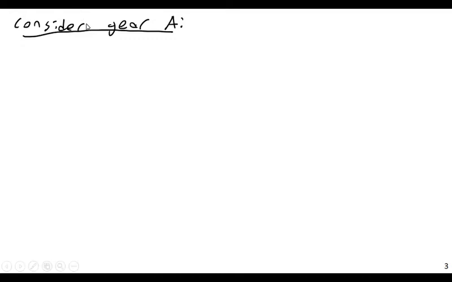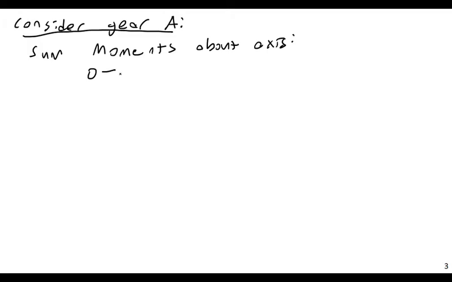And let's say 0, if I sum moments about the origin, or about the axis, I can get that 0 minus FTRA, and I'll explain what that means and where this is coming from in a second, is equal to negative IA times omega A 2. This is the initial angular momentum, this is the final angular momentum.